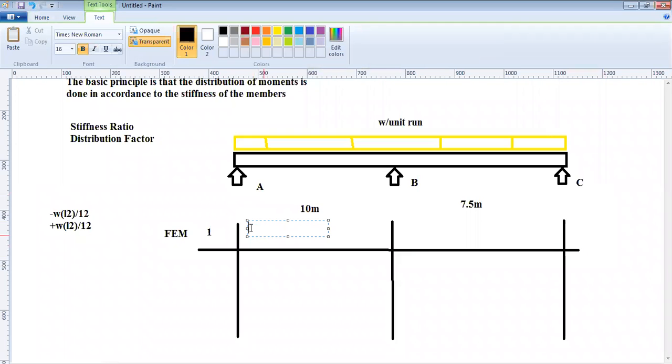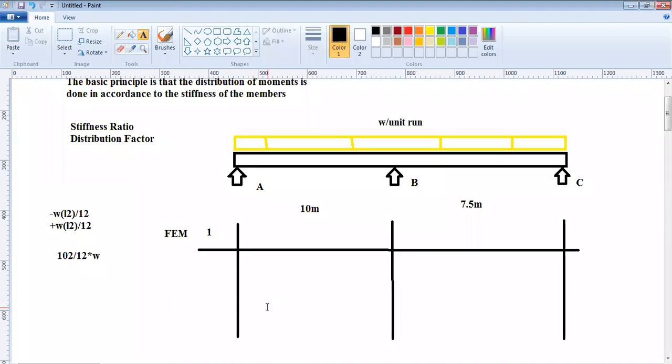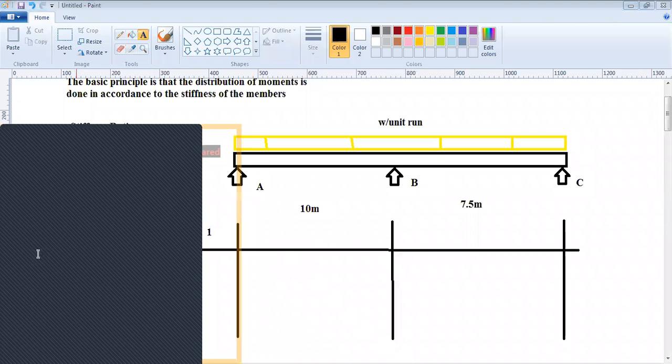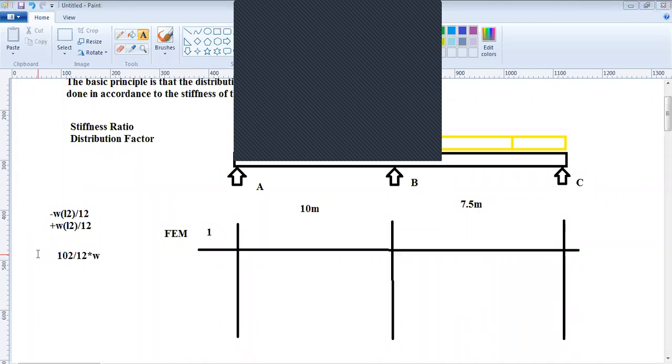What is L for this AB section? L is 10. So you have 10 square divided by 12 into W. So that will be 100 by 12. So what is 100 by 12? Do you have calculators with you? So that is 8.33.